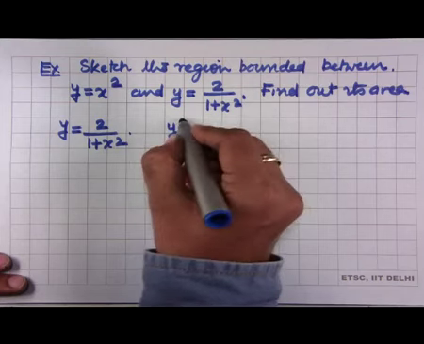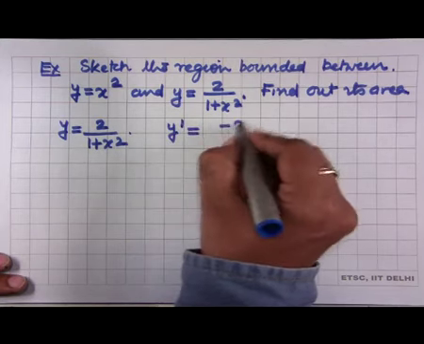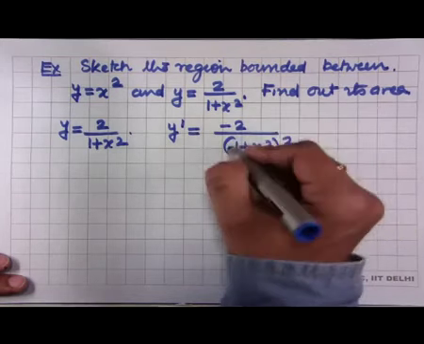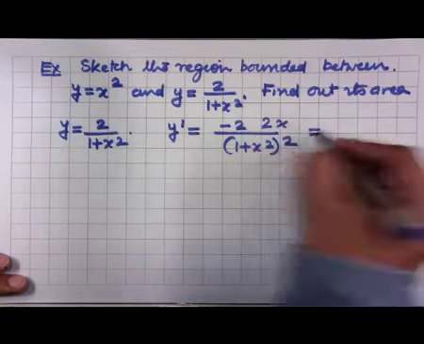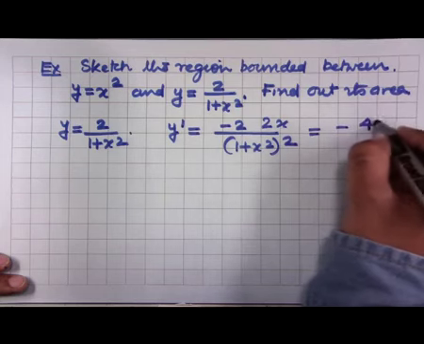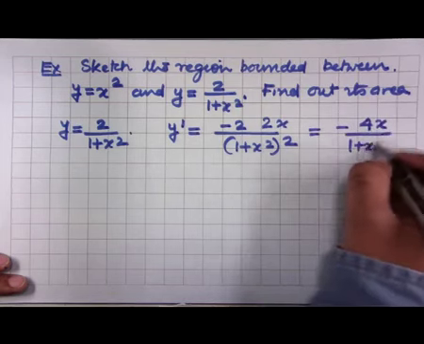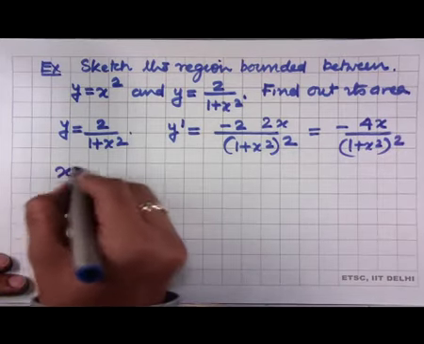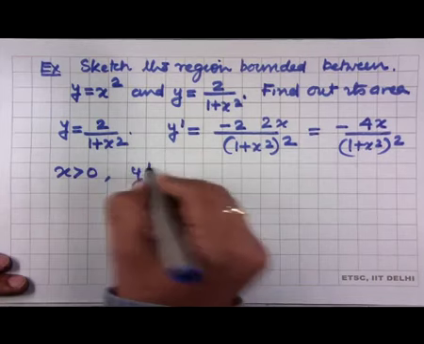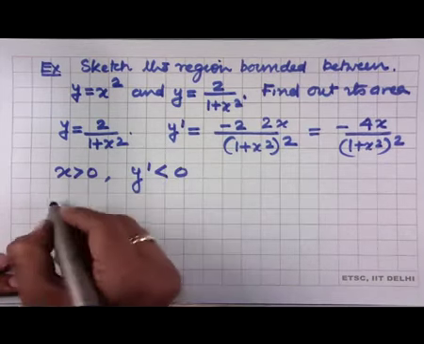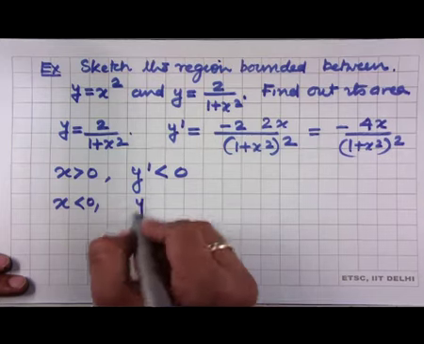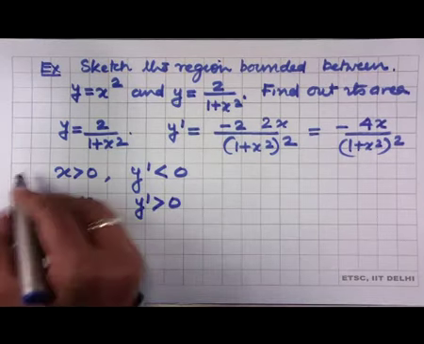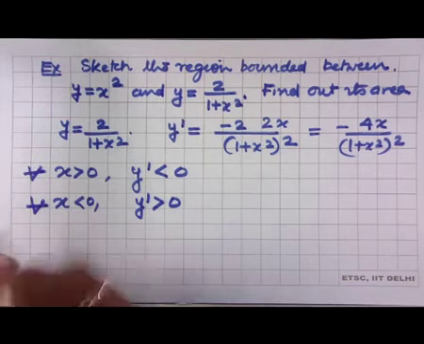So compute y dash. Differentiation of this will give you minus 4x by (1 plus x square) whole square. So, if x is positive, y dash is negative. If x is negative, y dash is positive. This is true for all x.